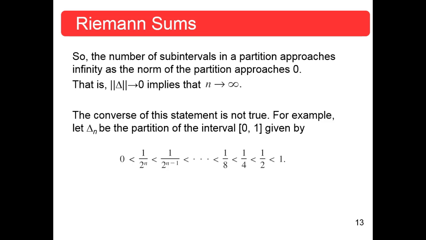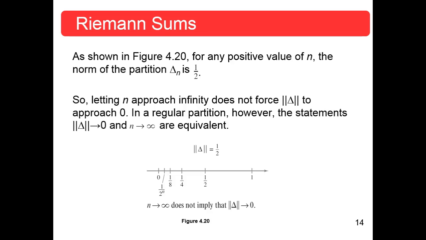The norm of that partition is not going to 0 because the norm is 1/2. That's the largest subinterval, and that's not changing if you increase n. This is making these smaller down there, but it's still going to be 1 over 2 to 1 there, so that's going to be 1/2. And again, I don't know why they're focusing on this. It's true, but it's not very pertinent, it seems like.